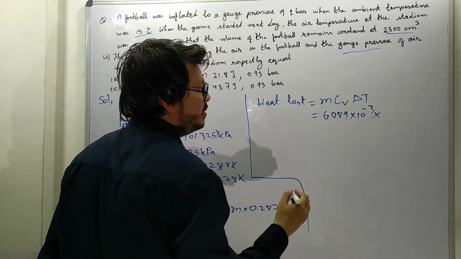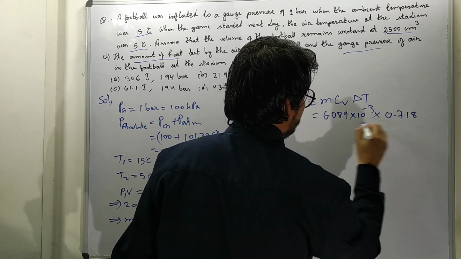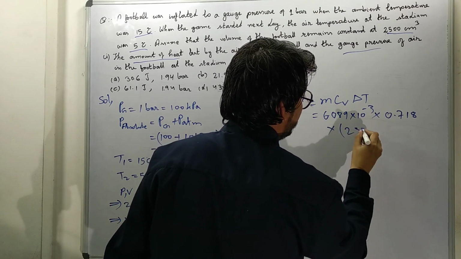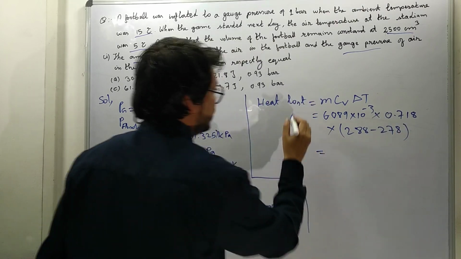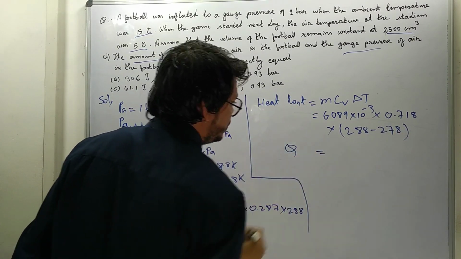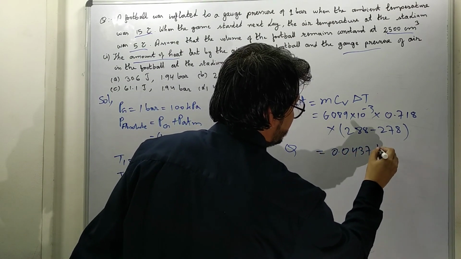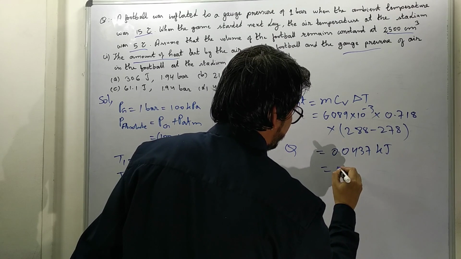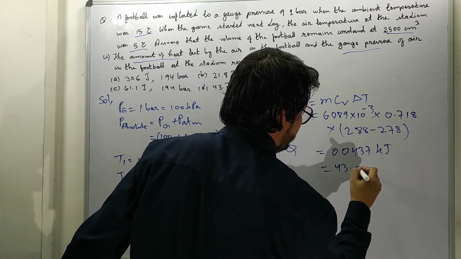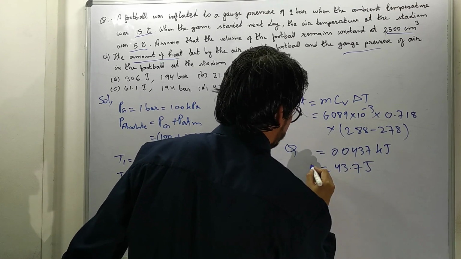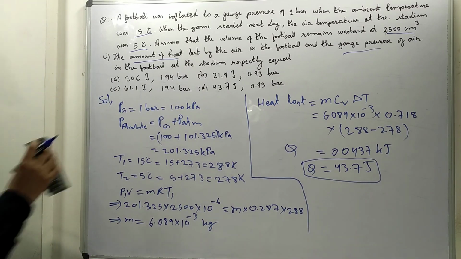Cv we have 0.718, into delta T, 288 minus 278. So we get the value of heat lost Q as 0.0437 kilojoule, that is 43.7 joule. So we got the value of Q as 43.7 joule.